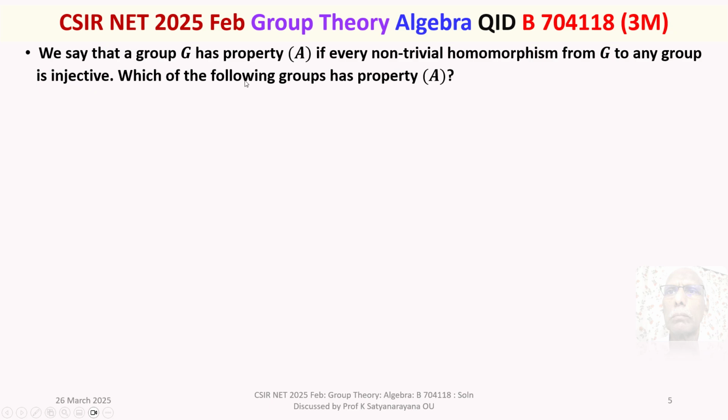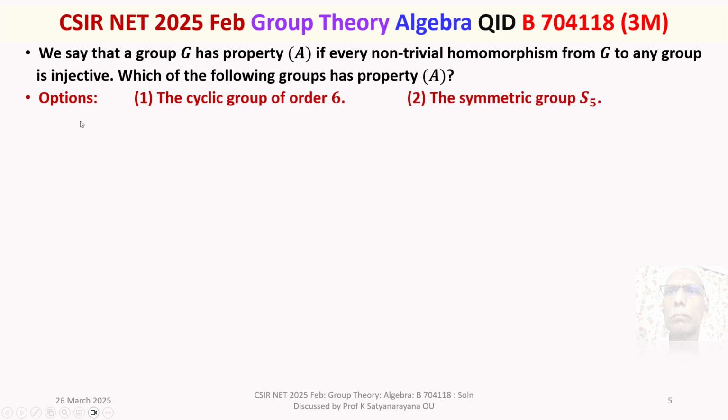If every non-trivial homomorphism from G to any group is injective, then we say our group G has a property A. Which of the following groups has the property A?